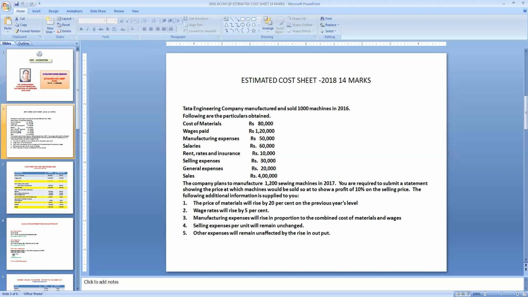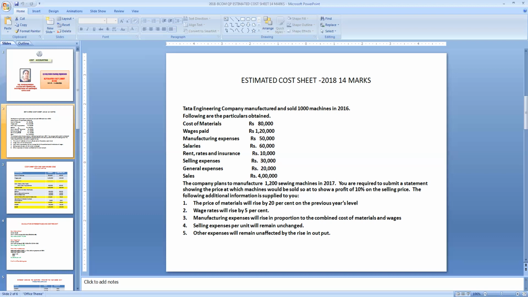Then for the year 2017, there is a plan to manufacture additional 200 sewing machines over the previous year's 1000 machines. For the year 2017, the estimated cost sheet has to be prepared for 1200 sewing machines. You have to submit a quotation showing a profit of 10% on the selling price.